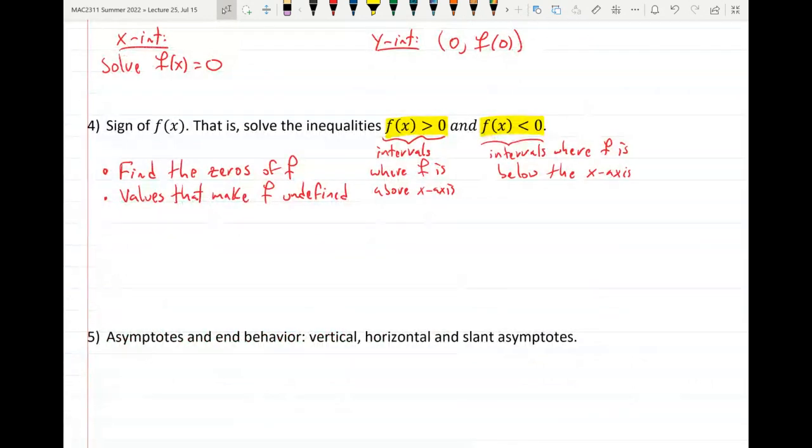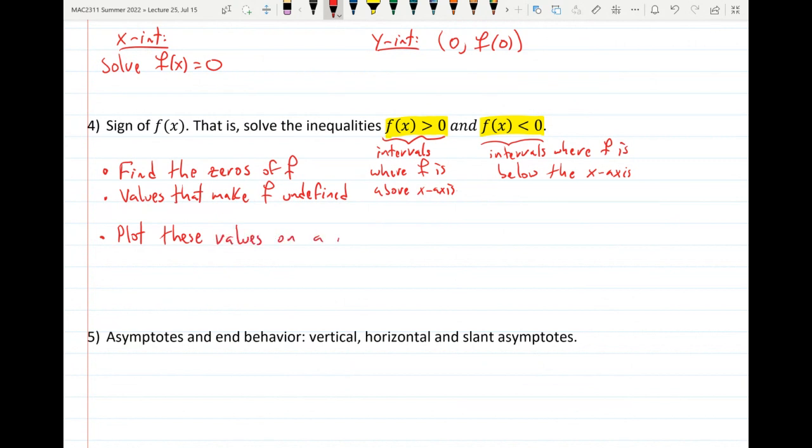Okay. And then once you have these numbers, what is it that you do? You plot them in a line, right? So plot these values on a number line and test the sign of f in each interval.